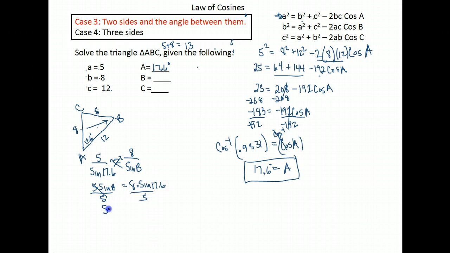Okay, again, you can use the law of cosines to find that next angle. That's totally okay. I just think the law of sines goes a little faster. Okay, that gives me the sine of B is equal to 0.48379. We want to remove that sine, so to do that we do the inverse or arc sine of both sides.